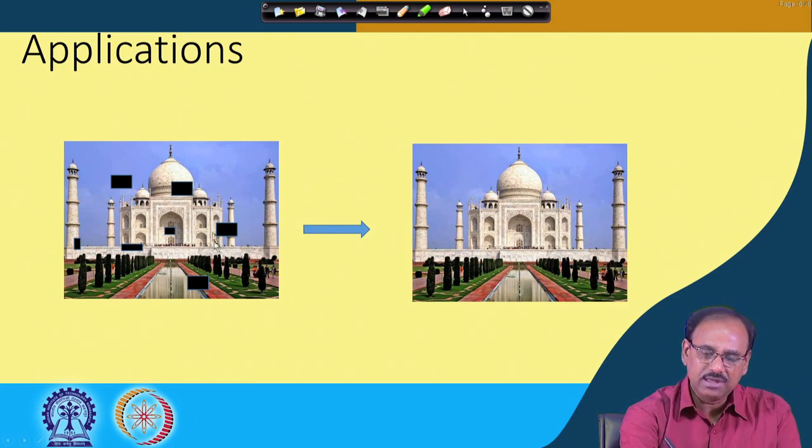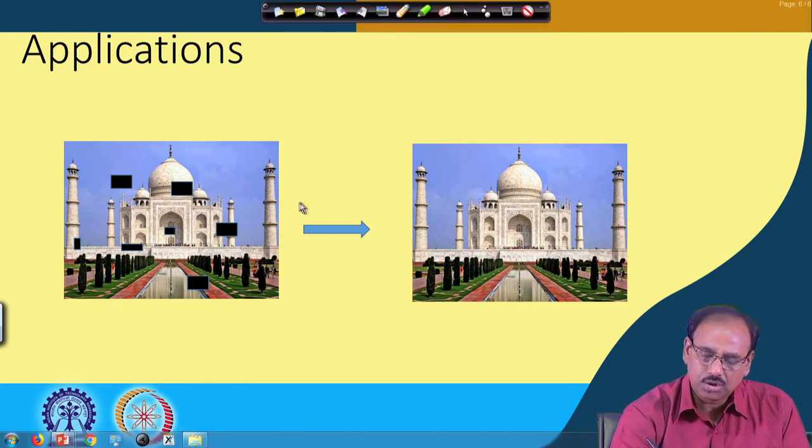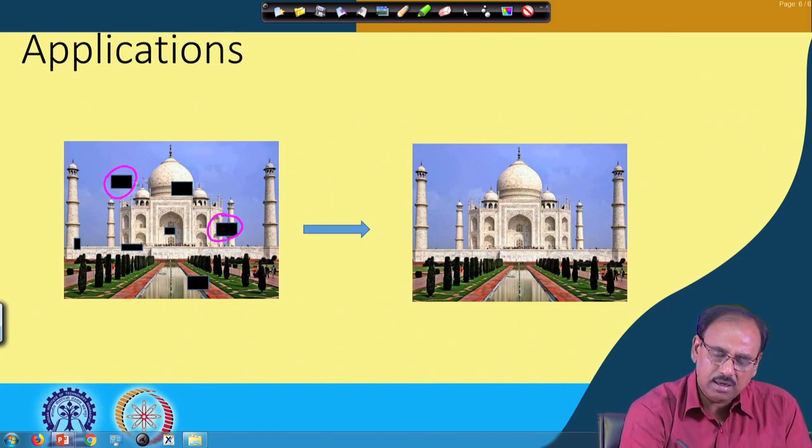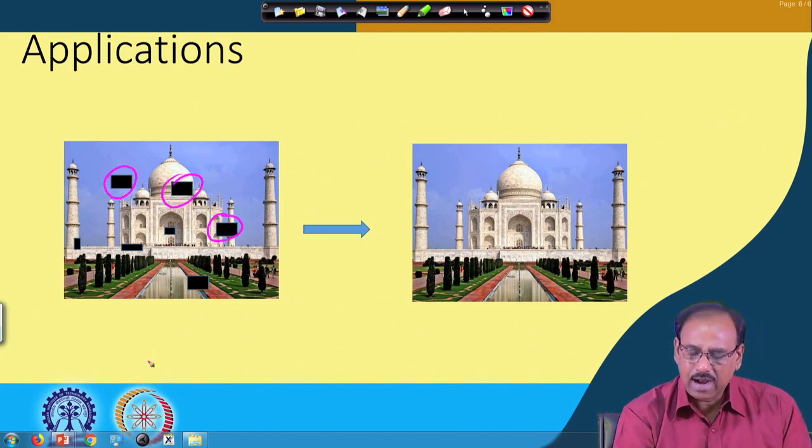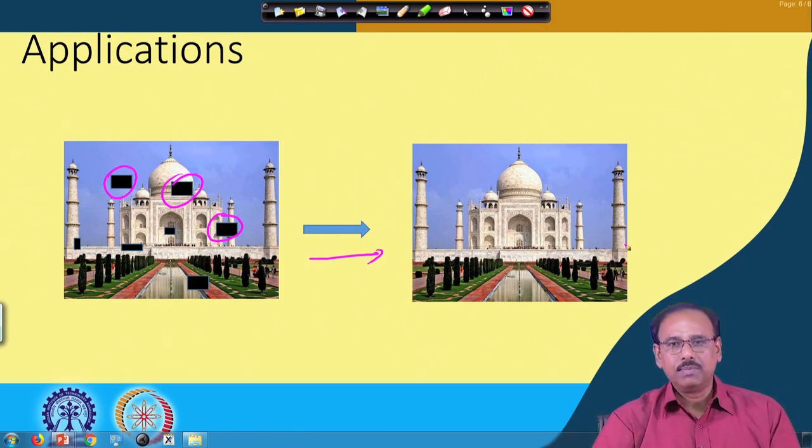So, these black regions are the missing regions, and by inpainting you can cover those black regions. So, this is one of the applications where the autoencoder can be successfully applied.